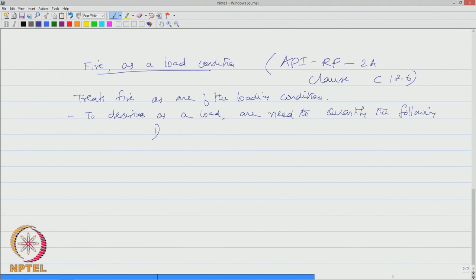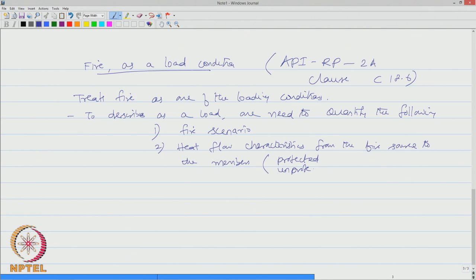One, one has to identify the fire scenario. Second, one needs to quantify the heat flow characteristics from the fire source to the members. The members sometimes may be protected, or they can be unprotected.